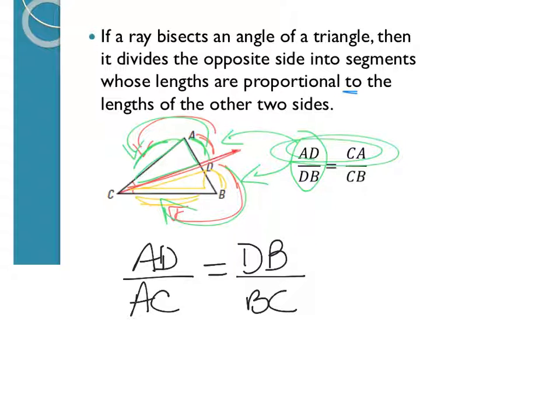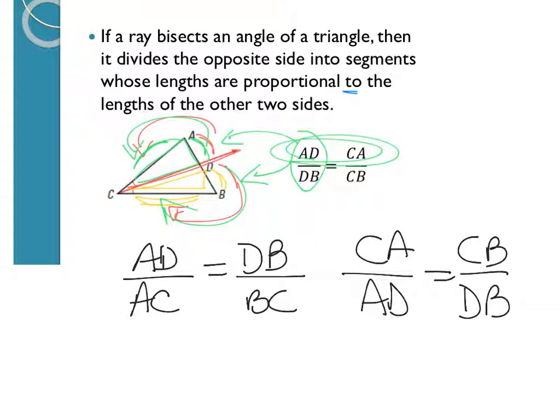You could have also said CA and AD, and CB and DB. So these are the two pieces that were created, and this is coming around the other side of it. Does that make sense? Now we're going to apply this theorem.